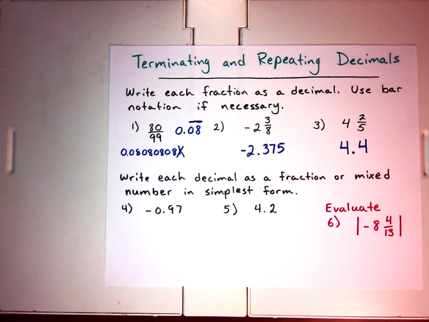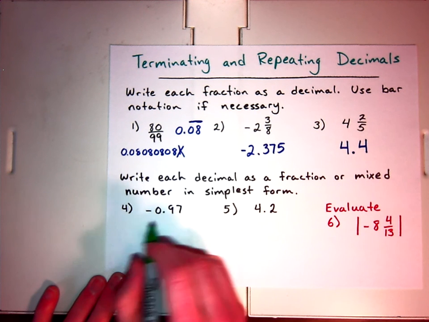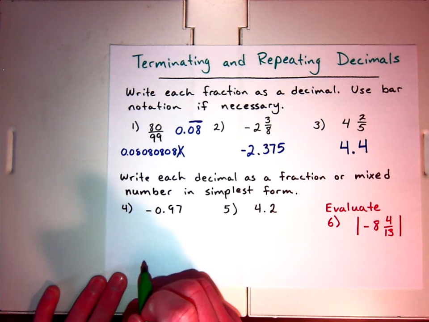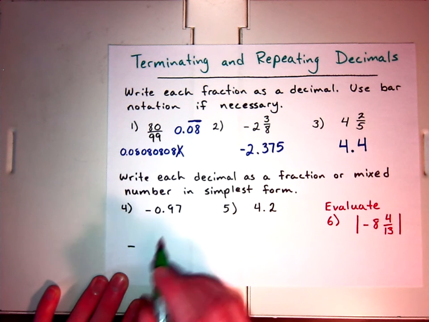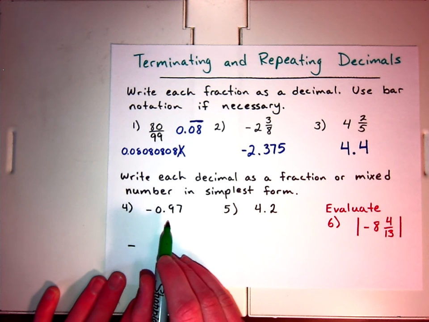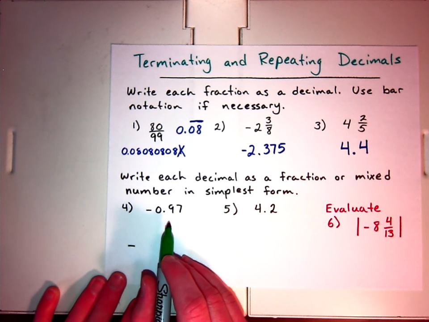For the next section, it says write each decimal as a fraction or mixed number in simplest form. Okay, well, what I'm going to do first of all, I notice I have a negative sign. So I can take that negative sign right away, because if it's negative as a decimal, it's going to be negative as a fraction.